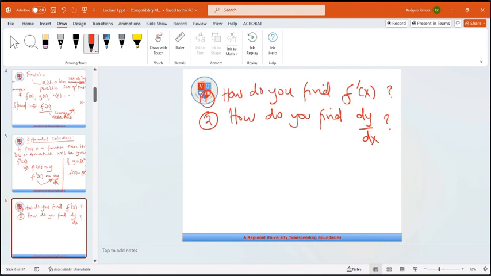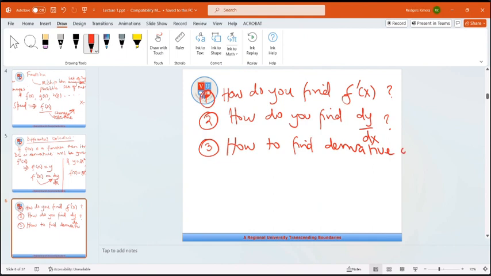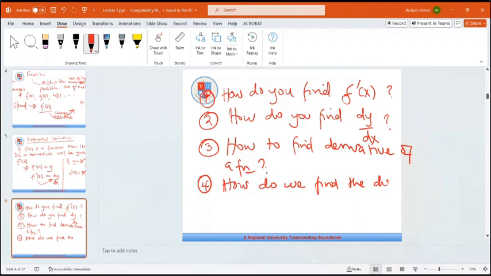The third question: how do we find the derivative of a function? The fourth and final one: how do we find the differential calculus of a function?